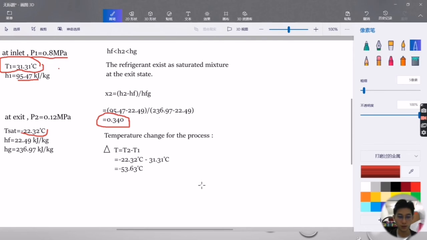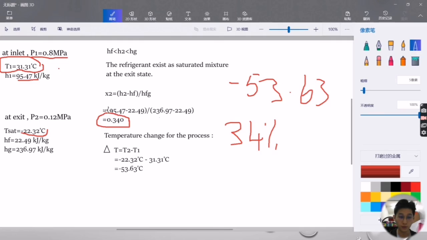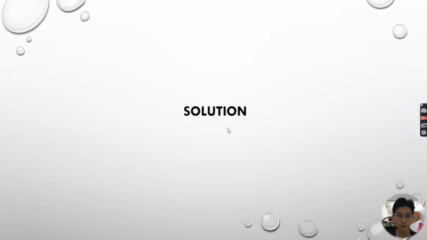So from the process, the temperature is decreased by 53.63, and 34% of the refrigerant is vaporized during the throttling process, and the energy needed to vaporize the refrigerant is absorbed from the refrigerant itself. So we got the quality and the temperature difference. Here is how we solve the question.